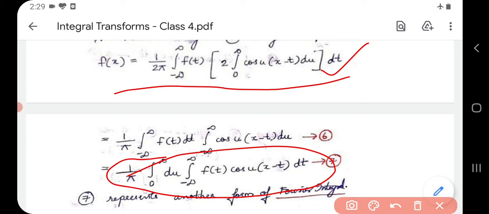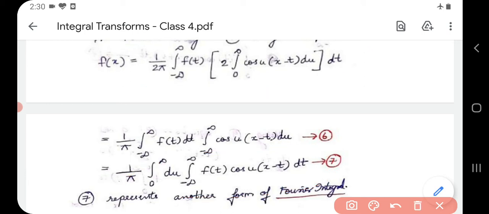No need of going through the derivation of the Fourier integral, because questions are not asked till now. If you are interested, you can refer to some books for that derivation. Otherwise, just concentrate mainly on the problems. So learn those 3 forms: first the one given by equation 4, then the one given by this equation, and finally that given by equation 7.